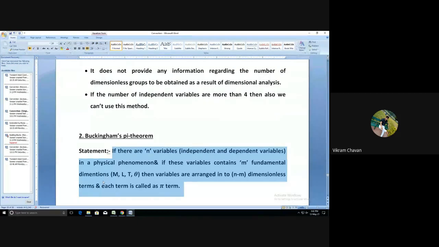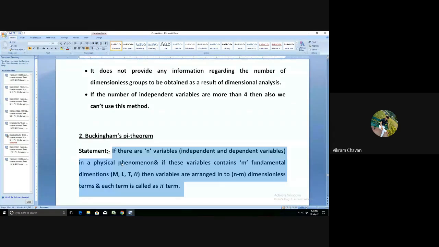In a similar fashion, in the Buckingham Pi theorem, we consider that in any physical phenomenon there are n number of variables. Out of that, some are dependent variables, some are independent variables. Let us consider once again the equation force is equal to mass into acceleration.